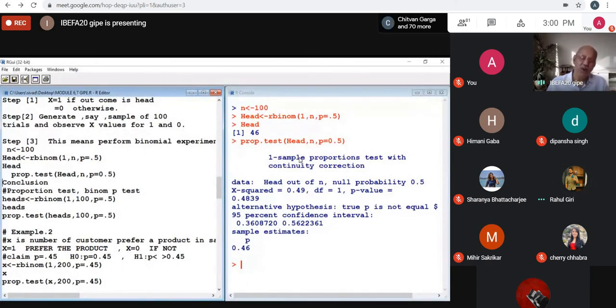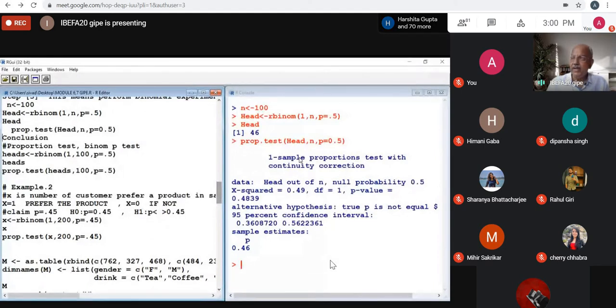Using all the formulae, they developed the function prop.test. Clear? So here you have the mean np and variance npq; they compute everything and only the output is given. So the proportion test is for one parameter p.